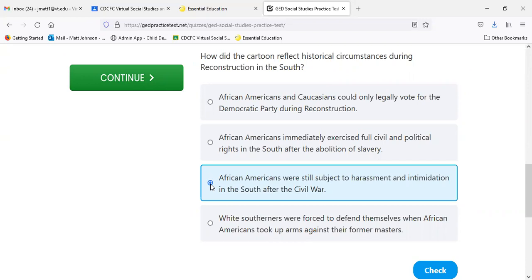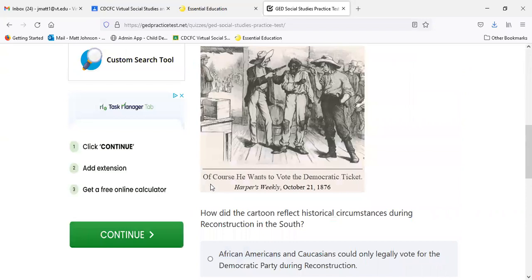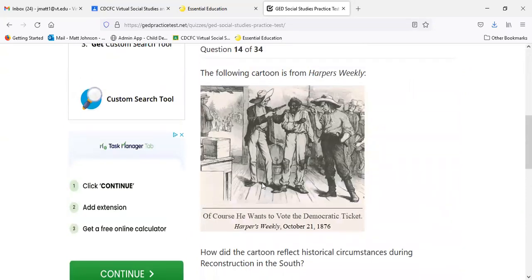And then very quickly, they were pressured, they were harassed, they were intimidated through violence and all of this to either influence their vote or keep them from voting. So this, you'll see some type of political cartoons, which we talked about really early on. And we showed you a couple different ones, but you have to be kind of cynical.